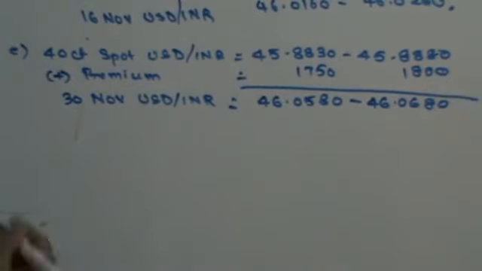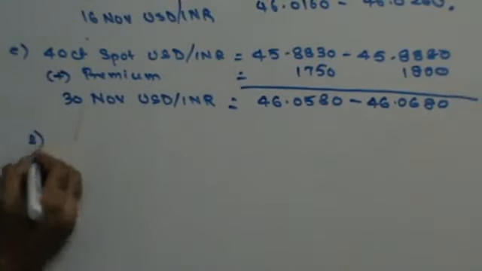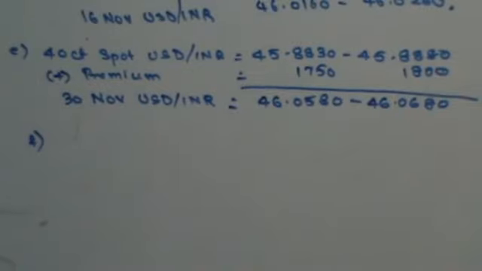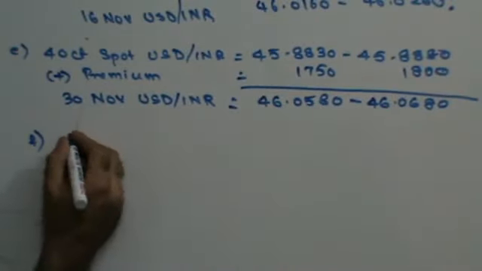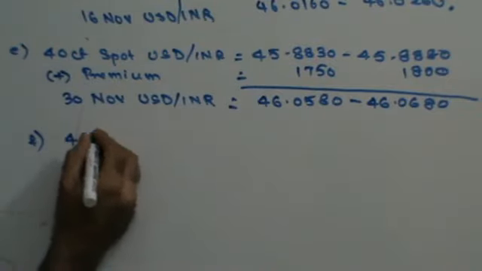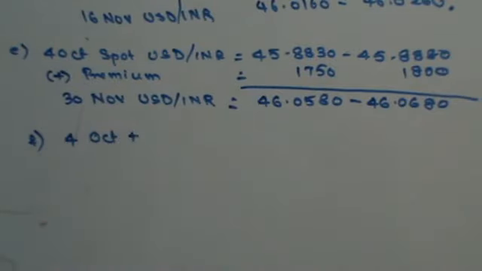Now, let's try to get the date on which I want the quote. I want my quote on 2 months 3 days. Now from 4th October, I want 2 months 3 days.